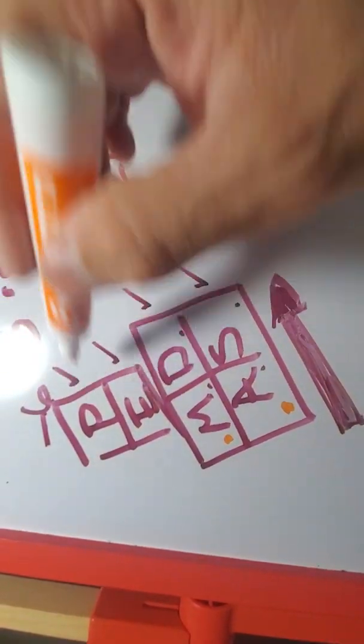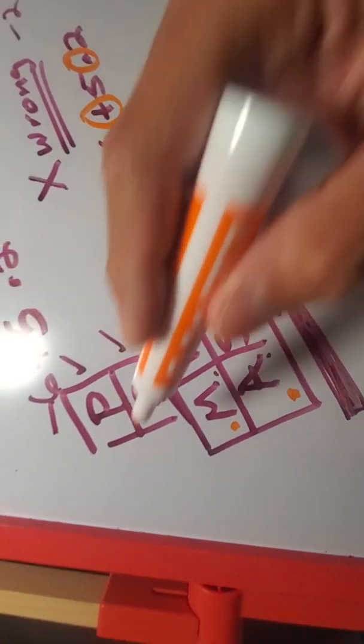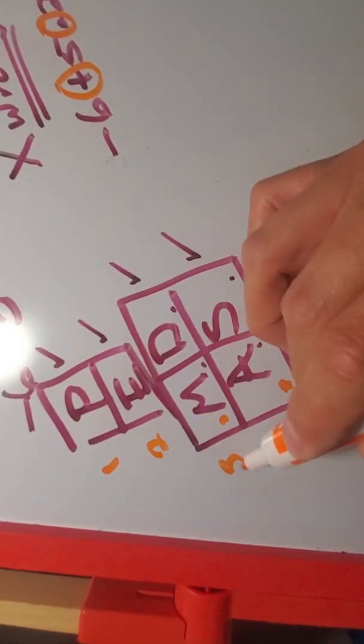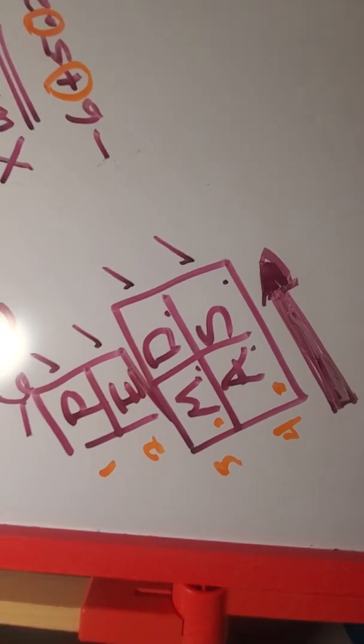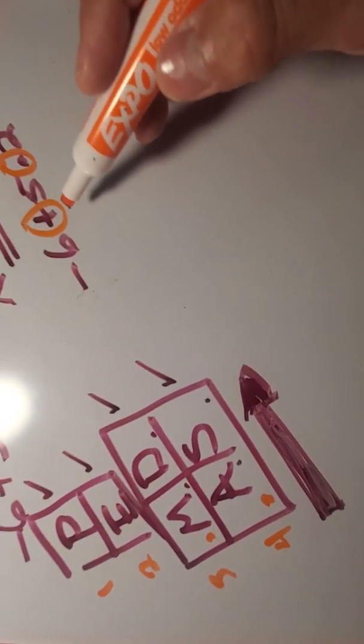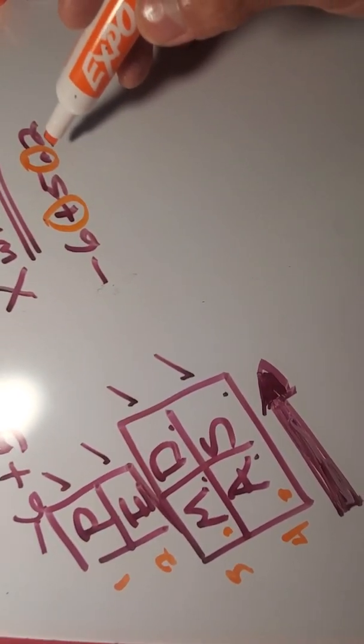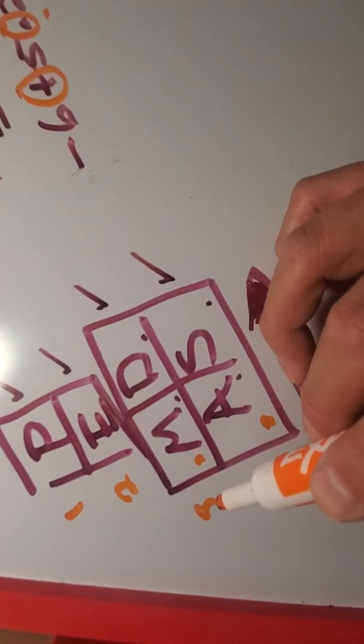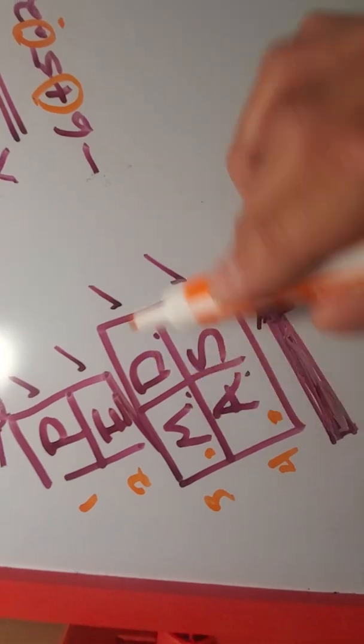Remember, you go in layers, you go in hierarchy. This is the first hierarchy or the first layer, second, third, and fourth. So if I have an addition and a multiplication, first I need to solve the multiplication because it has more hierarchy. It's on the top.